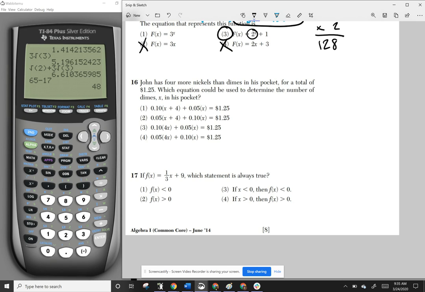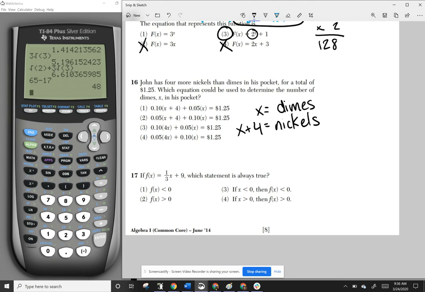So which equation could be used to determine the number of dimes? So we know dimes, or x equals dimes, right? And John has 4 more nickels than dimes. So nickels is going to be x plus 4.